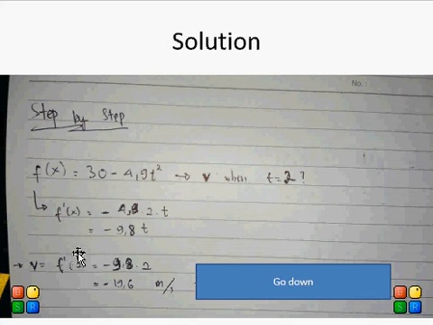So f'(2) equals minus 9.8 times 2, where 2 has been inputted to the t. Then we get the velocity equal to 19.6 meters per second. This minus means going down.